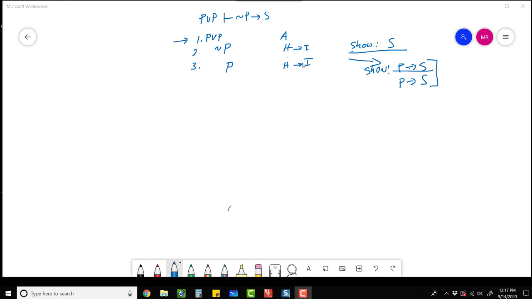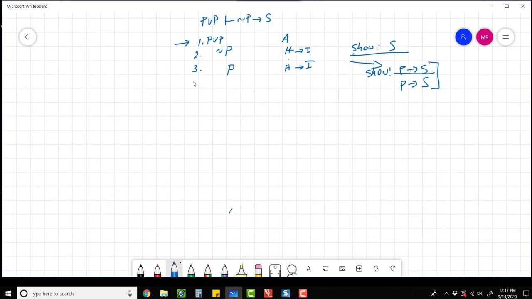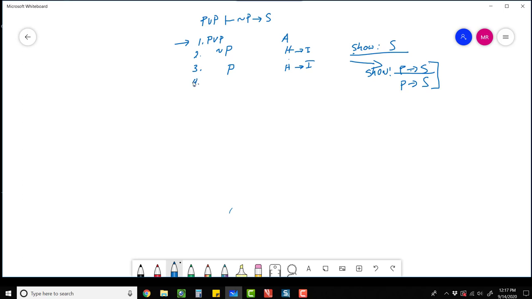You've just got two conditional introduction hypotheses, okay? So the next step is going to be to do what you had an inclination to do before, to hypothesize not S, so yet a third indentation, hypothesis for negation introduction.